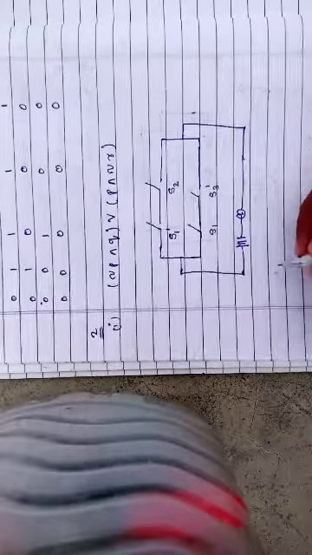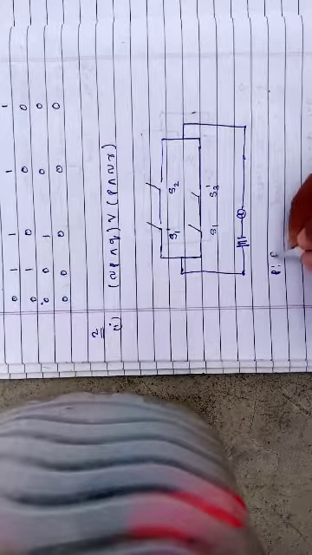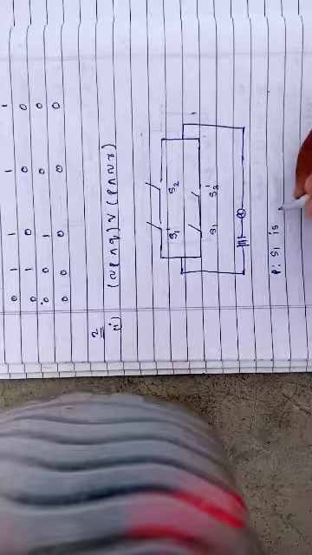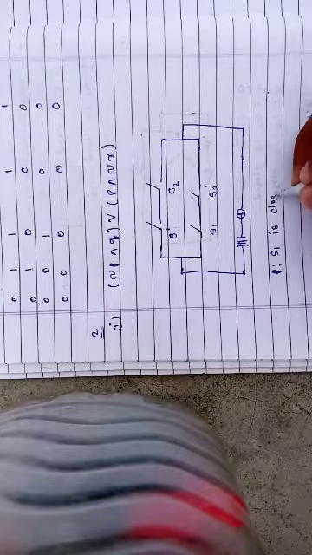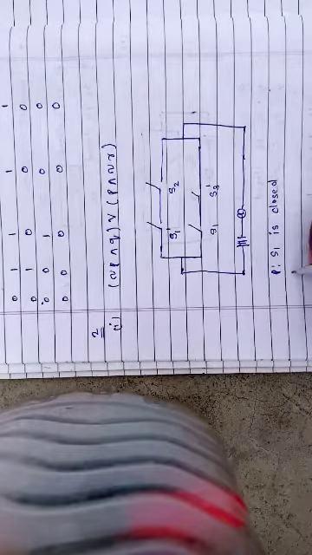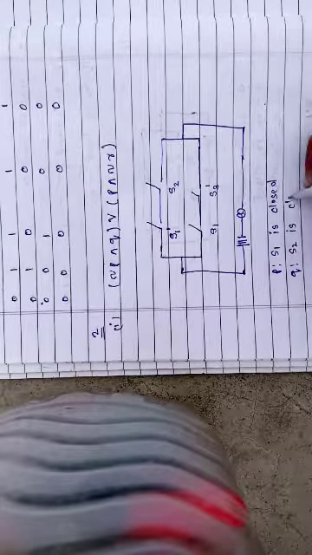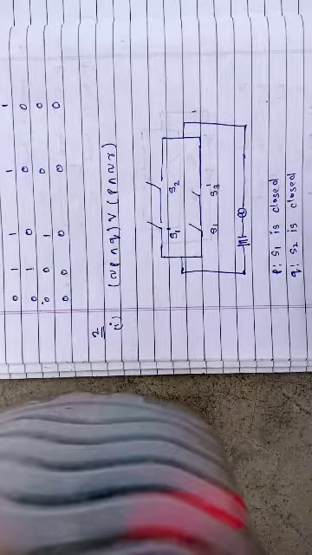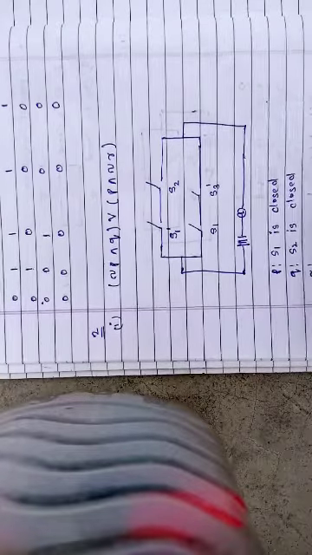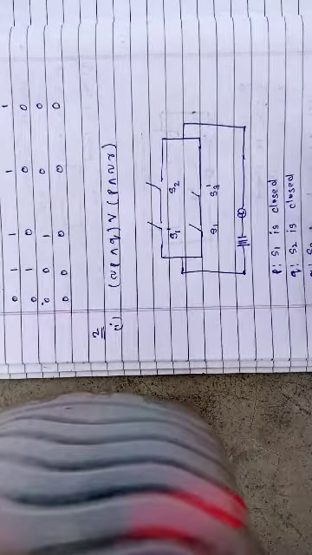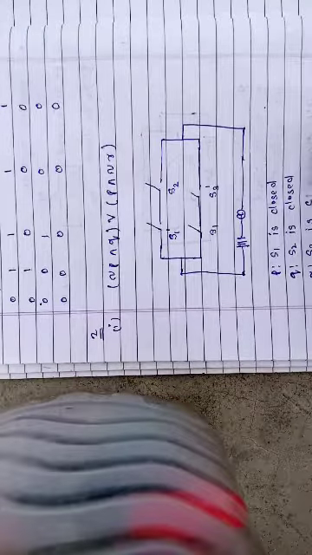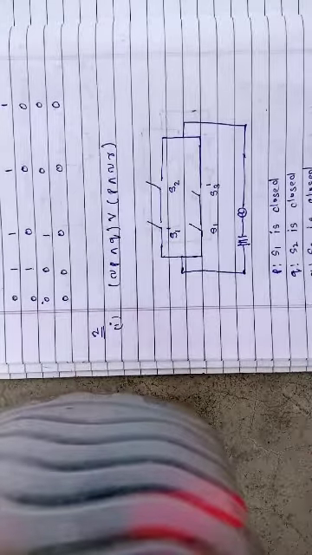So here you will represent P, S1 is closed, Q, S2 is closed or open, you can write, then R, S3 is closed.